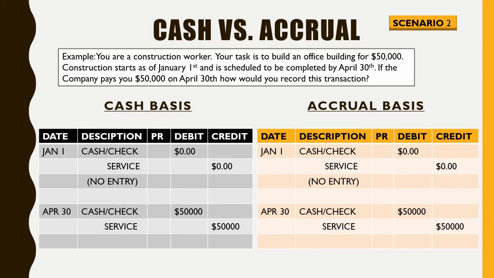So in this case, you don't need to record that you received cash, or have an unearned revenue or any service provided in January, because April is when you fully recognize that a service has been completed and that you received cash for it. All right. So in this very specific scenario, the journals are alike for a cash and accrual basis because you're both being paid and the service was completed as of April 30th.